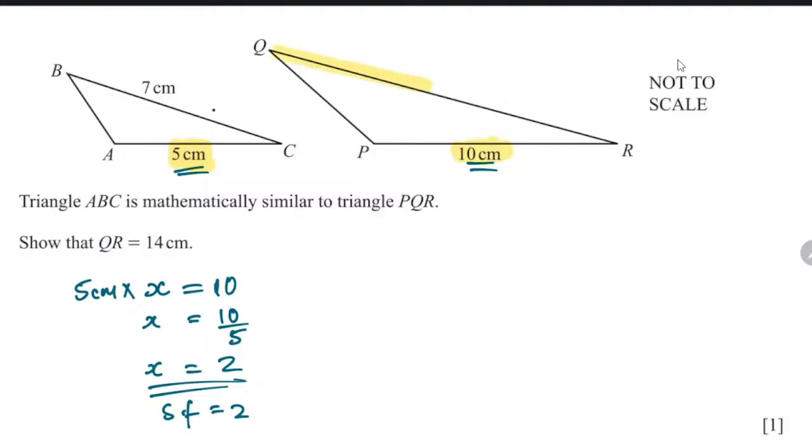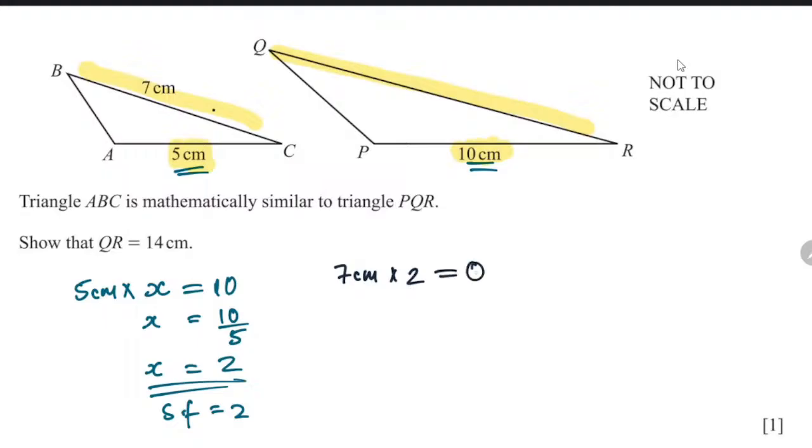Here they now want QR. So you're going to take a side here on the first shape. You multiply by scale factor, you get a second side on the second. So you say 7 centimeters times scale factor, which is 2.